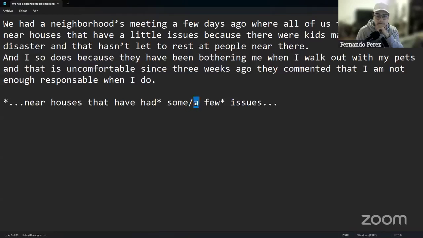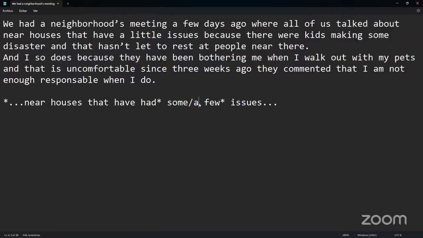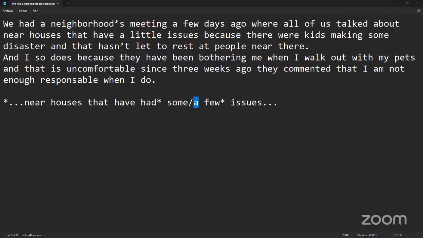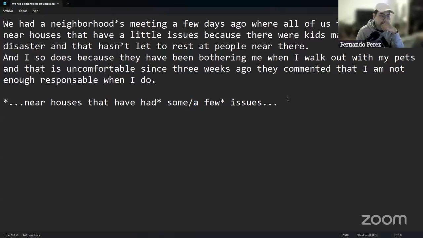A few, not only few. A few issues. Makes sense? So, near houses that have had some issues, structure 6, because we are talking about something that continues happening, hasn't finished, but started in the past. And some issues, because issues is countable.